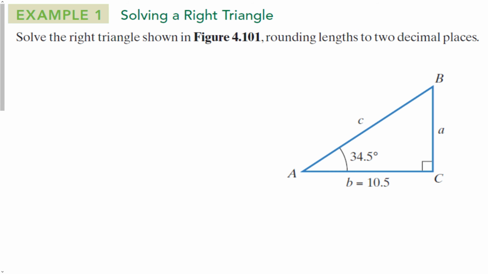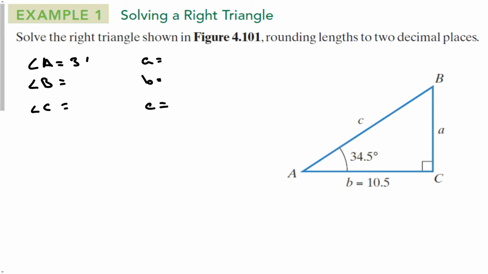So let's start with this triangle. Round the lengths to 2 decimal places. When we first look at a triangle, we have to decide what is the best way to solve for everything. We need all three angles, angle A, angle B, and angle C, and side A, side B, and side C. Solving a right triangle means solving every single angle and side.